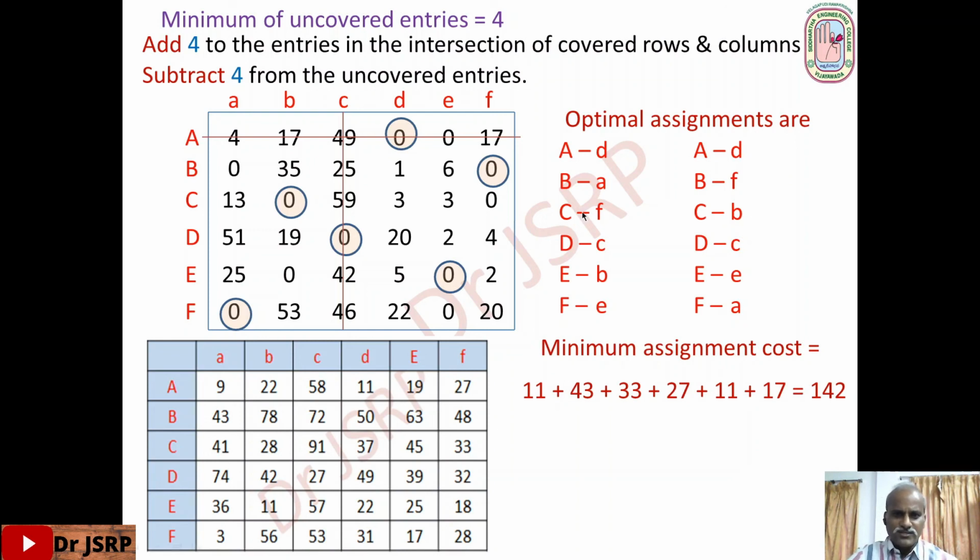Okay. So consider the entries corresponding to these assignments. So A to D, 11, B to A, 43. Okay. So like that. So this is 142.